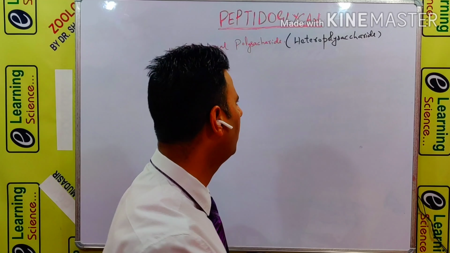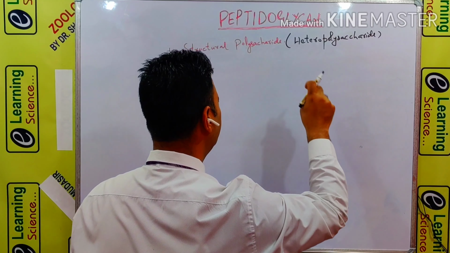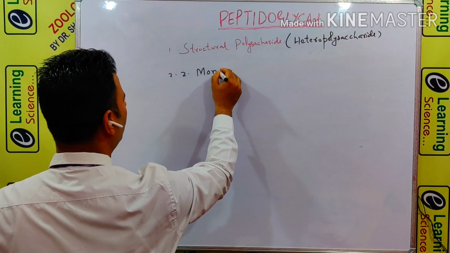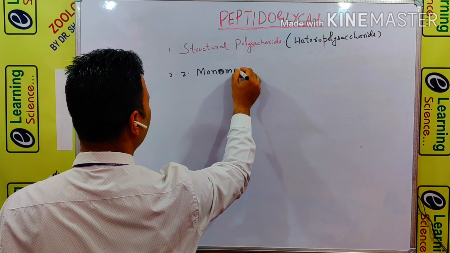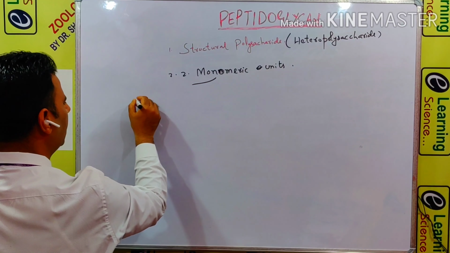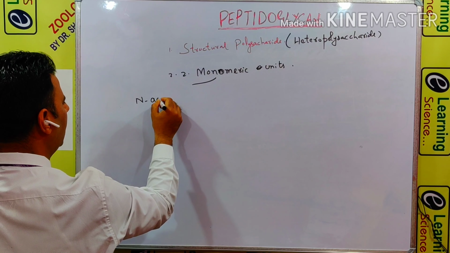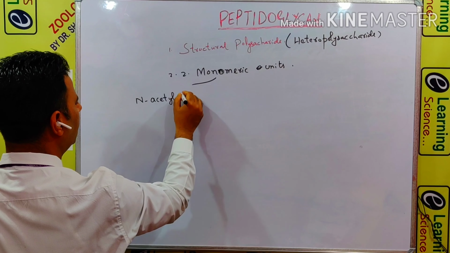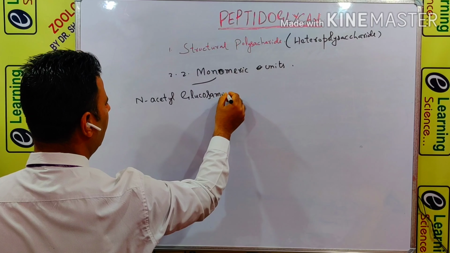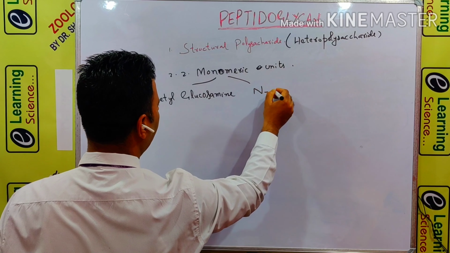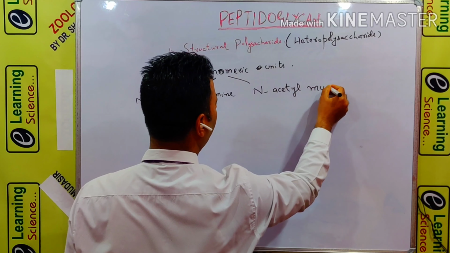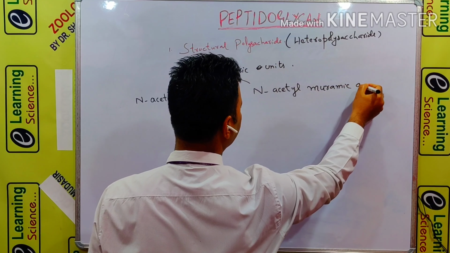And this peptidoglycan, being a heteropolysaccharide, is made up of two monomeric units. One is N-acetylglucosamine, and the second is N-acetylmuramic acid.